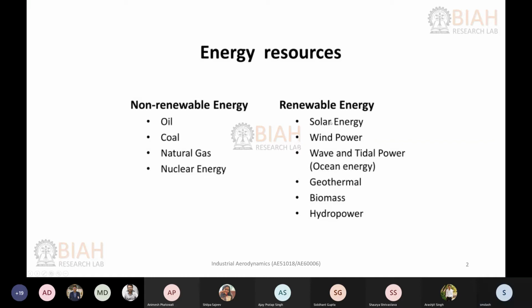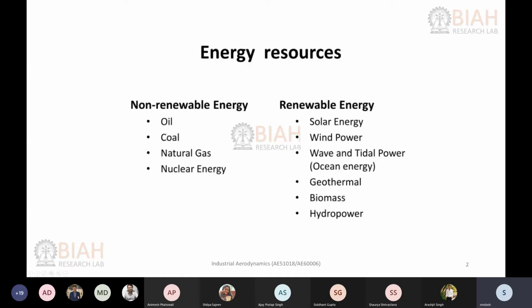Since the energy source is inexhaustible, this is called renewable energy. There are various renewable energies which we have identified here: solar energy, wind energy, and wave and tidal.